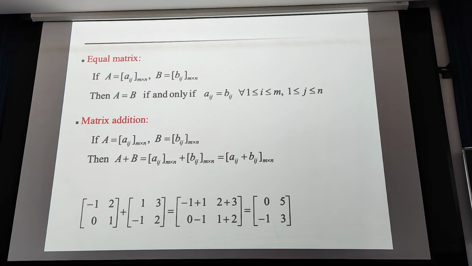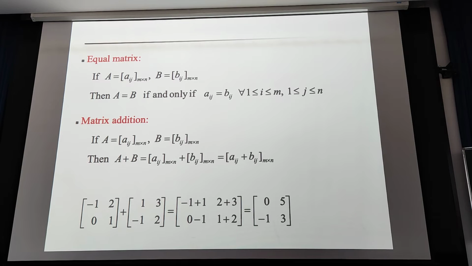In order to define the first operation, that is addition, we need first to define when two matrices are equal to each other. Two matrices A and B can be considered equal if they are of the same size, the same number of rows, the same number of columns, and corresponding entries must be equal to each other.